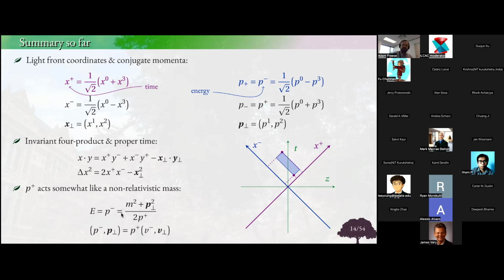Like your energy, which is p minus, can be written for an off-shell particle as m squared over 2p plus plus p perp squared over 2p plus. The second term looks kind of like a kinetic energy term from non-relativistic physics, but with p plus there instead of mass. And your components of momentum, the four momentum p minus and p perp, are equal to p plus times the velocity in the minus and perpendicular directions.